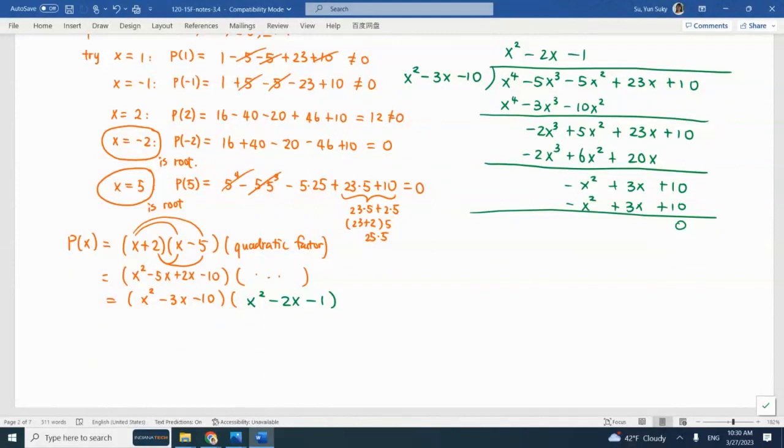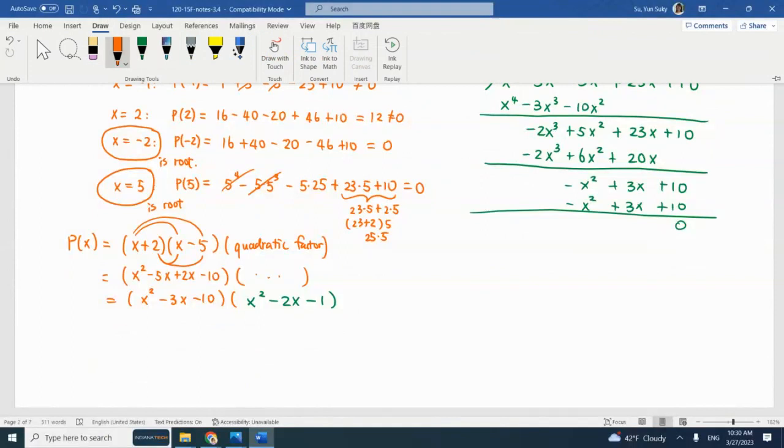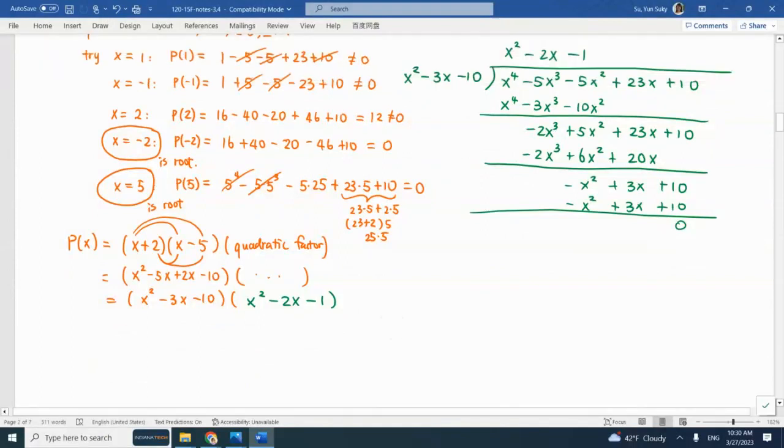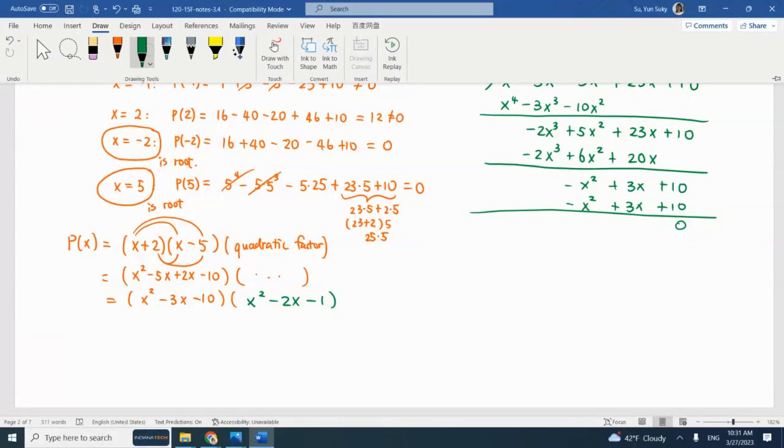Okay, everybody? So, can we factor further? Not quite, because minus 1 won't give you the sum of minus 2. Okay? So, let's use the quadratic formula, especially those of you who are not good at factoring.